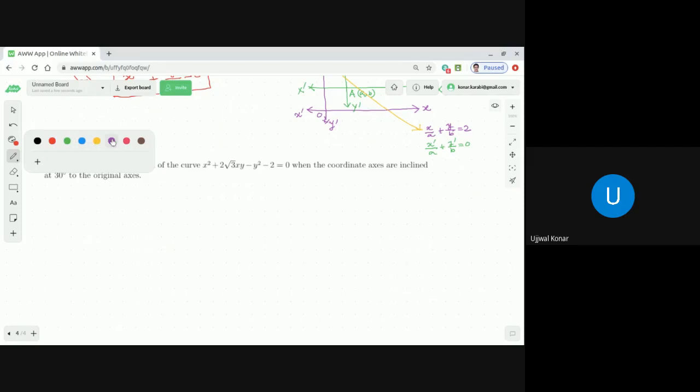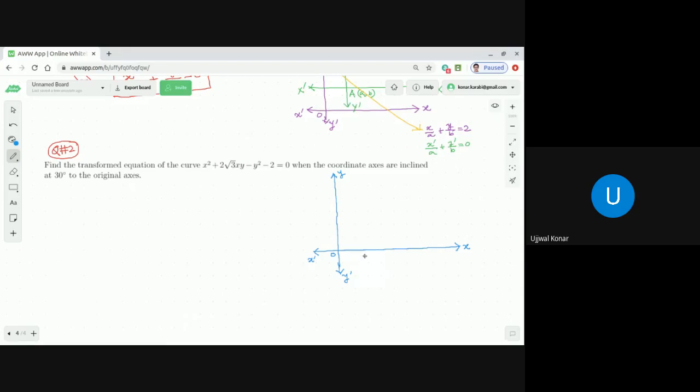Let us draw the previous, original coordinate system in the blue color. So it is like this: lowercase x O x dash, lowercase y O y dash.